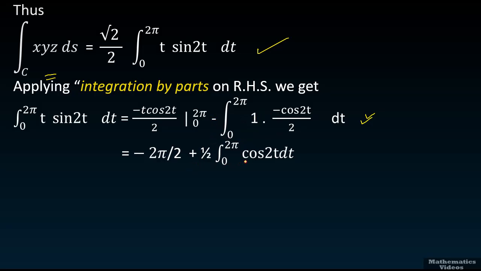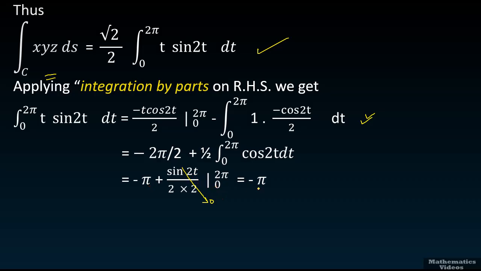Now we will take the integral of cos 2t with respect to t, which is just sine 2t divided by 2. Okay, and the result is this one. Apply the upper and lower limit of integration. Both of the limits make sine 2t equal to 0, because sine 4 pi, which is the result of the upper limit of integration, is equal to 0, and sine 0 is also 0.